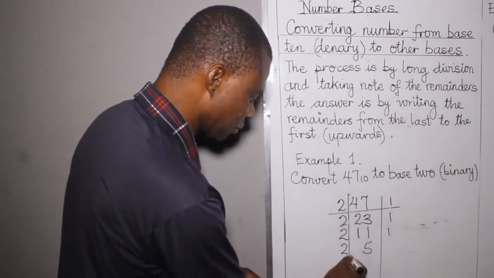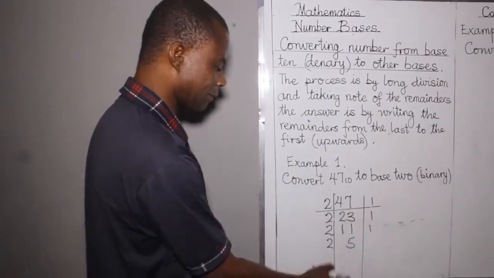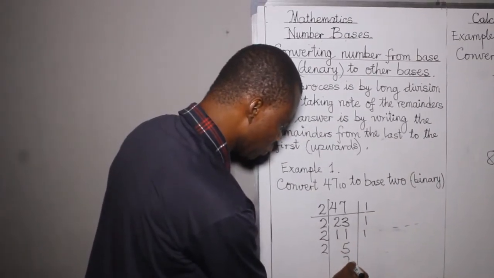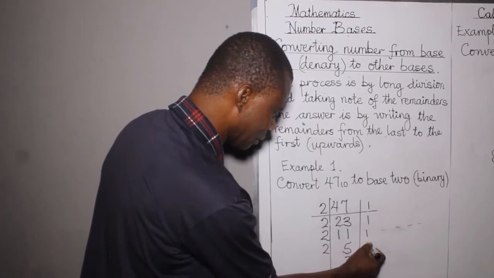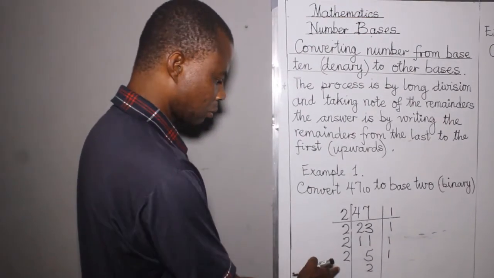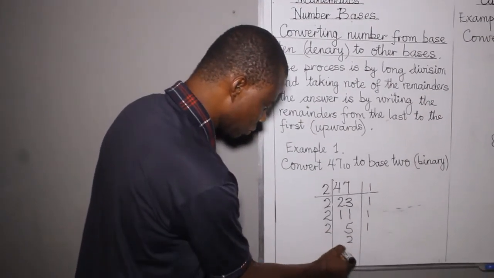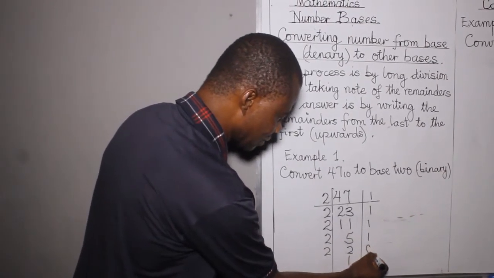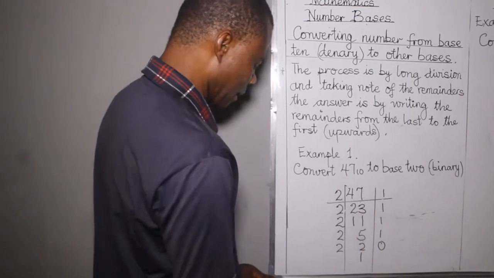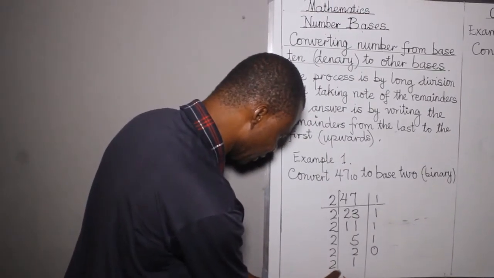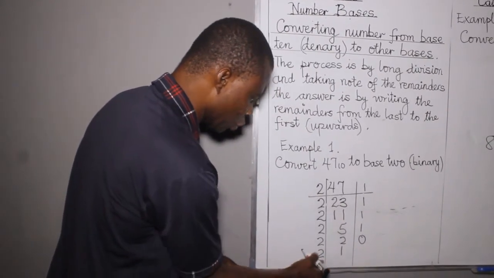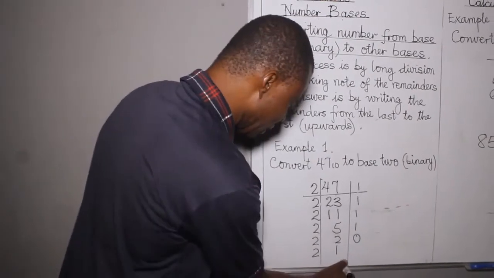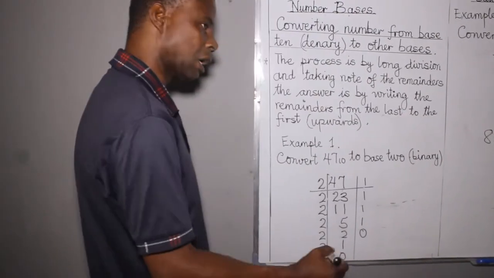2 in 5. We have 2 and remainder 1. Now 2 in 2, we have 1. Remainder 0. We continue until it becomes 0. 2 in 1, 0. Not possible.